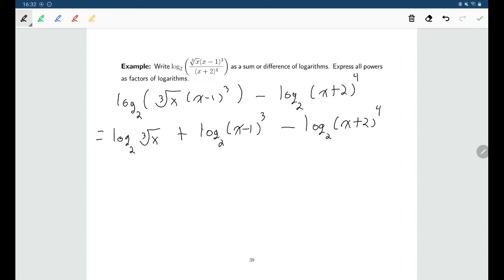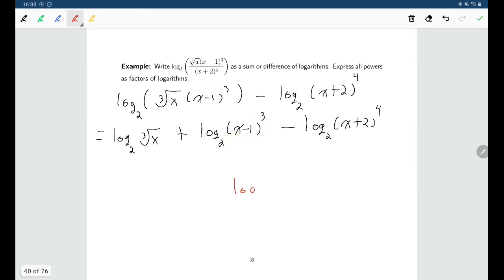I do want to be a little bit clear about notation just before I go any further, especially the notation here about these powers. This is something where you might misread this if you're not careful. I know some people in the past have thought that this cube was applying to the entire logarithm, which is not the case. Here, the cube is only attached to the x minus 1, so only the x minus 1 is being cubed.